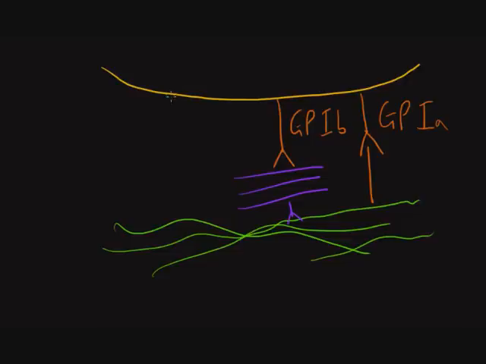It includes secretion of other procoagulant factors, but with relation to what I'm discussing now, it allows upregulation of the third and most important type of glycoprotein, glycoprotein 2B 3A.